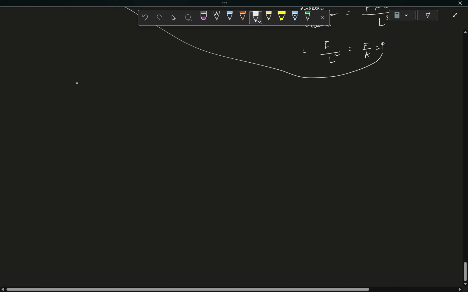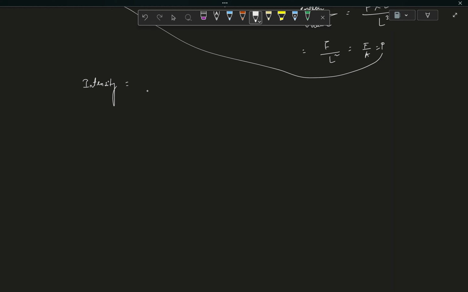Now we have a direct relation of pressure to the intensity as well. First of all, how do you define intensity here? Intensity, or the solar constant in this case, has the unit of joule per centimeter square minute, I think. So it is basically energy by surface area into time, E by A into T, right?